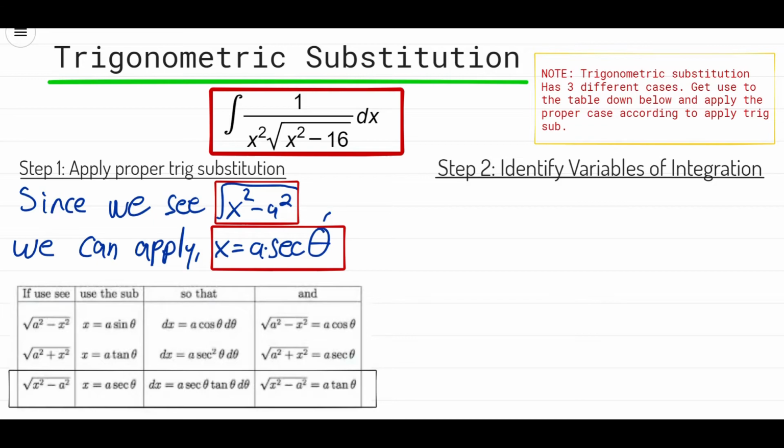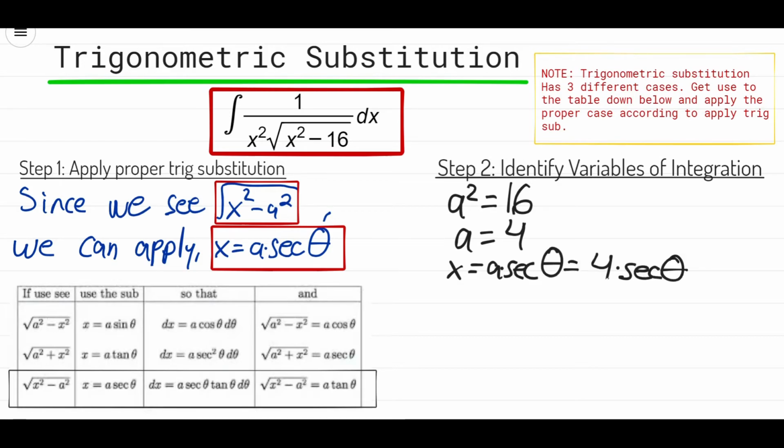So for step 2, what do we have? We have x squared, a squared, dx. Let's identify these. We know that a squared, from x squared minus 16, x squared minus a squared, must be equal to 16. Thus our a is equal to 4. And our x is equal to a times secant theta, which is 4 times secant theta.